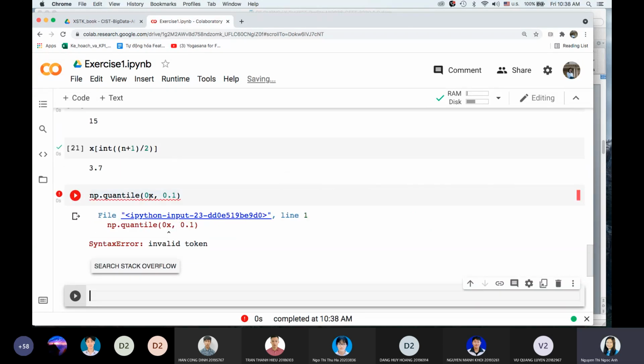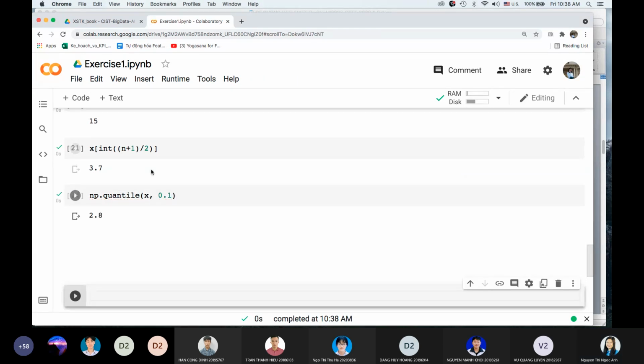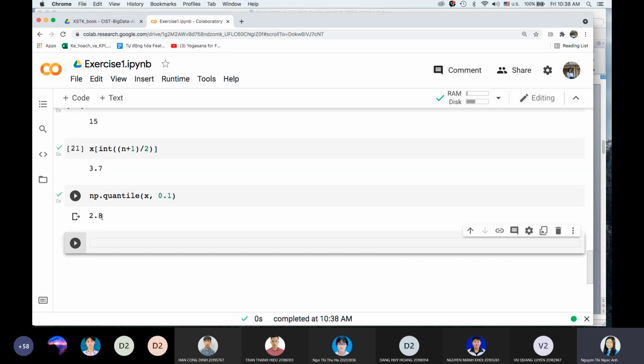It's 12%, not 10%. Not 12, 10%. In exercise 1.1, it's 12%.